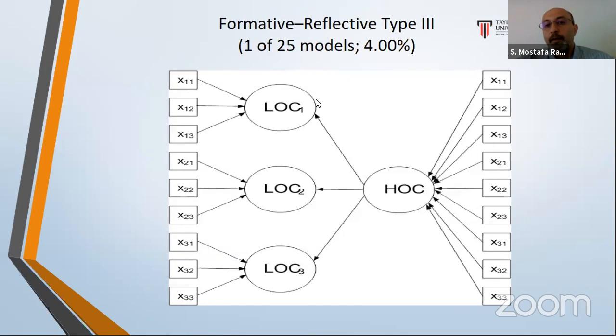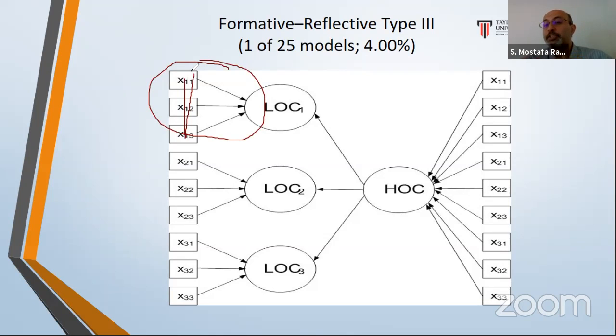Another type of second order is formative reflective. Here you can see only one paper out of 25 in this study was this type. But actually, I'm not sure about this one study either, because it's not common and it's very rare to have formative reflective. Why? Because when we say first order is formative, it means these items are not highly correlated.